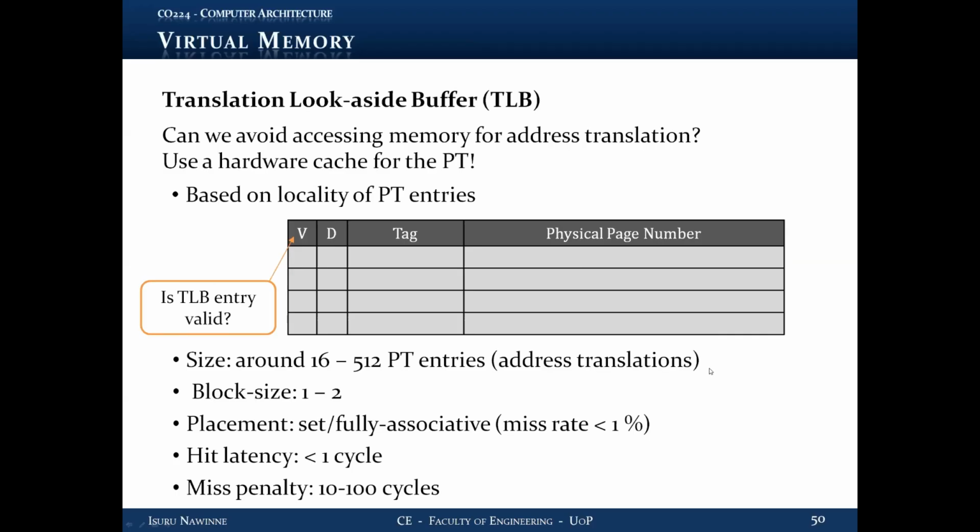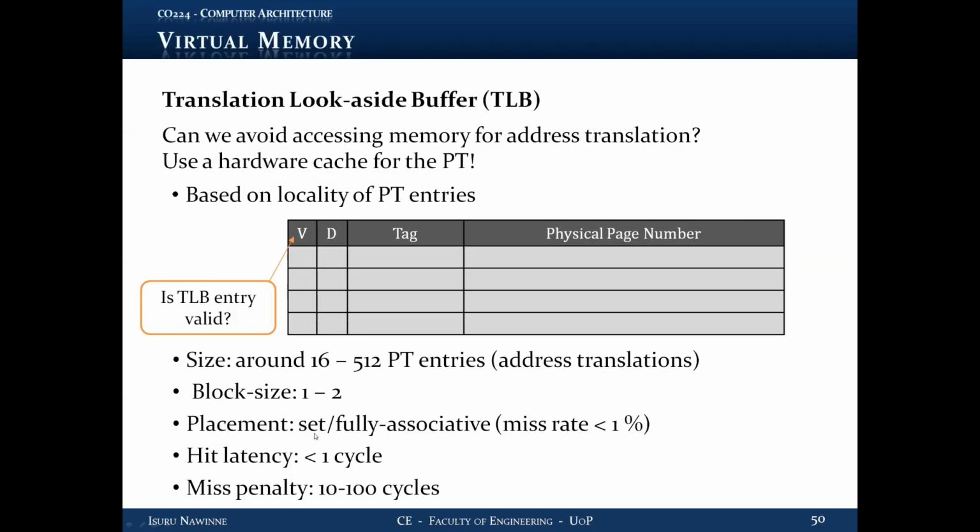Then the placement policy is usually fully associative or set associative. If the page table is smaller, closer to say 16 page table entries or so, we can use fully associative. Otherwise, we use set associative because of the same reasons as in caches. With larger caches and fully associative placement, the complexity is higher, the hit latency becomes larger, and power consumption becomes higher.